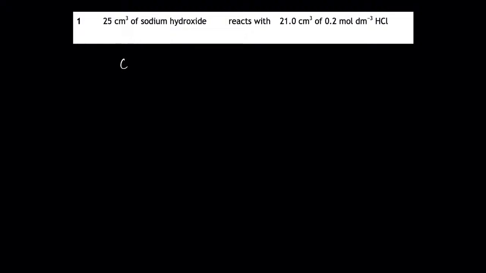Let's write it down properly. Figure out NaOH concentration. What's happened is they did the experiment and they used 25 centimeter cube of sodium hydroxide with unknown concentration, and they realized the color change occurred at exactly 21 centimeter cube of this acid at 0.2 mole per decimeter cube.